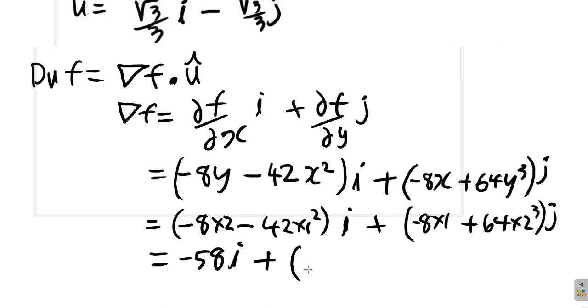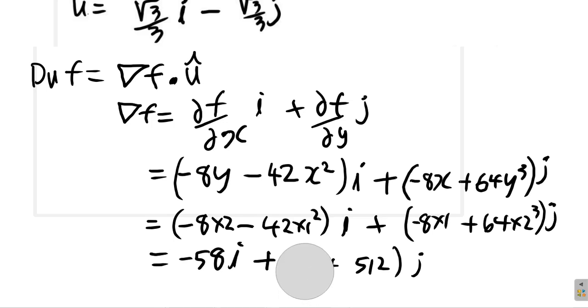You're going to have negative 8 plus 64 by 8. But 64 times 8 is what? 512. So negative 8 plus that, same as 512 minus 8, is 504.